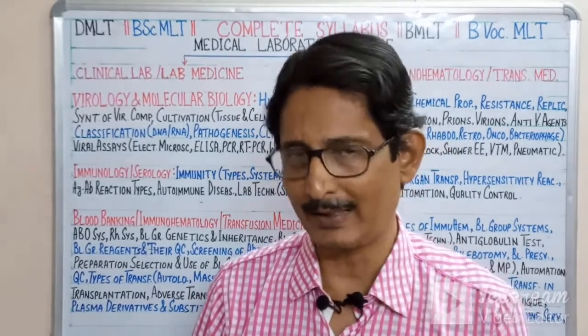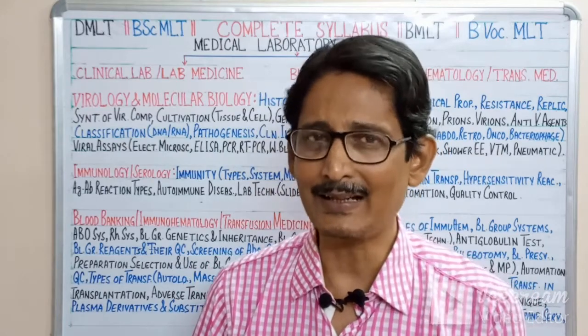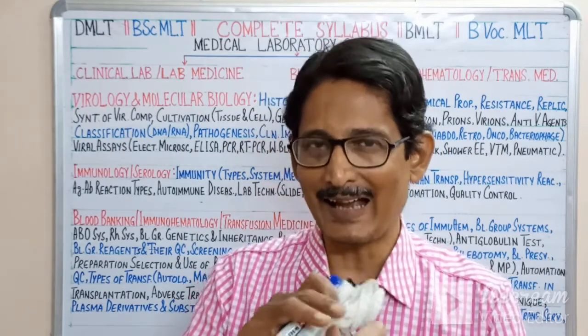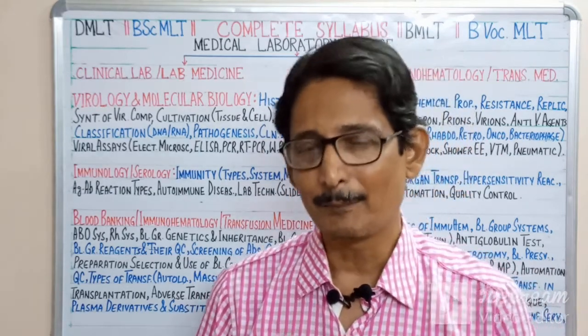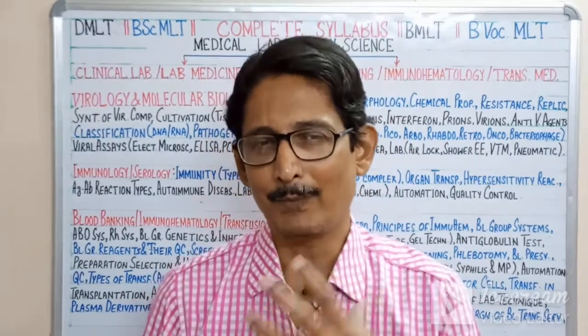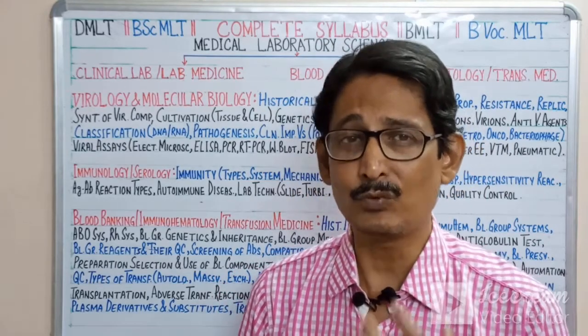Suppose you tell me that your blood group is A, it means your RBCs have the A type of antigens. If I tell you my blood group is B, on my RBC surface there are many antigens, in the numbers of lakhs, sometimes millions, but I have only the B type of antigen.